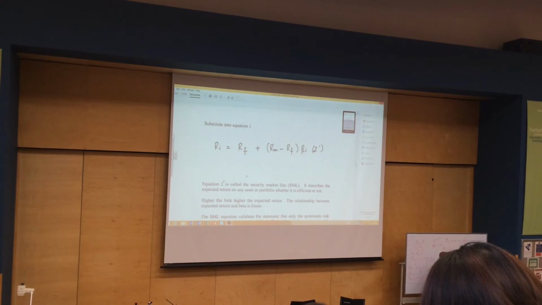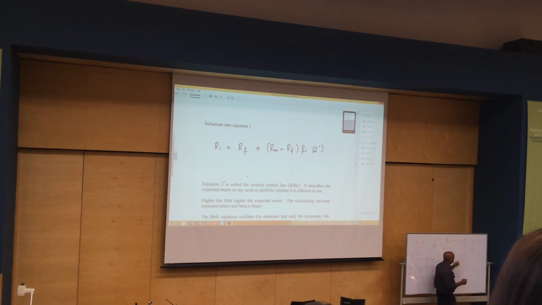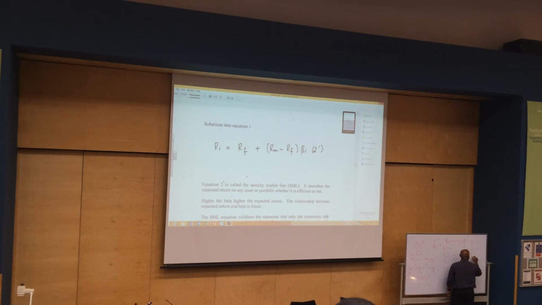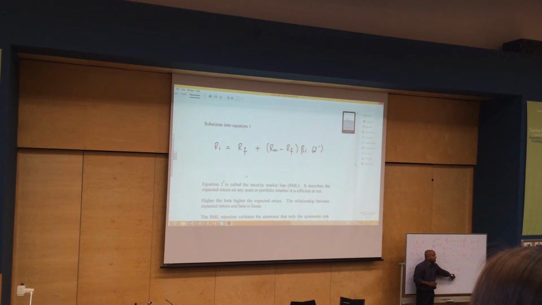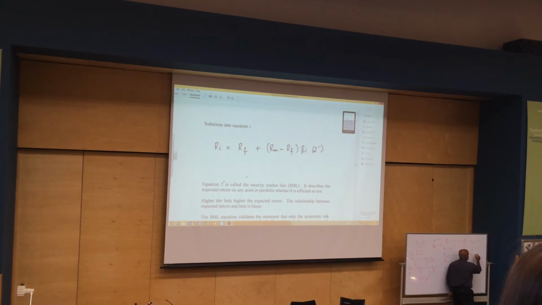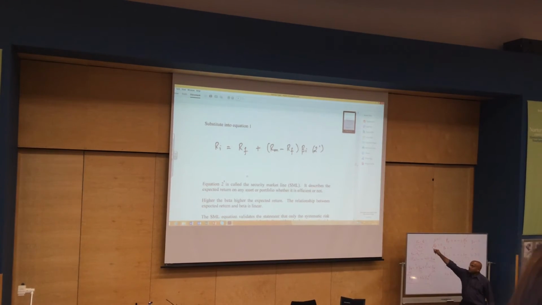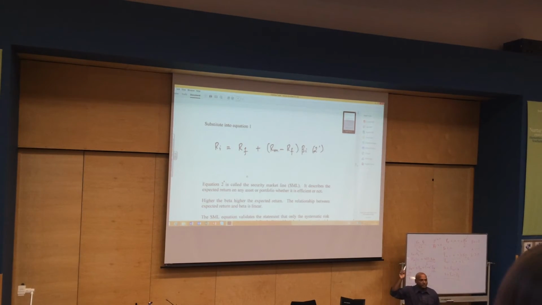Is B positive or negative? Because the return on the market portfolio is higher than the risk-free rate, this is positive also. So basically, if beta increases, return has to increase. But by how much? That is dictated by Rm minus Rf. Higher the beta, higher the expected return. The relationship is linear.